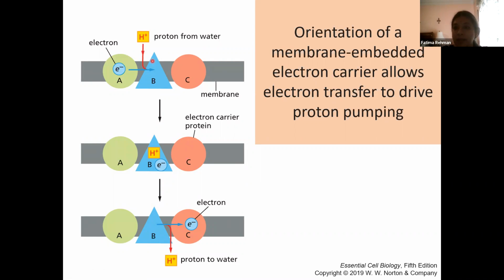And sometimes that happens in specific disorders where mutations would cause that orientation to be flipped. But normally you are taking in electrons from the electron carriers, you're taking protons from water, you're utilizing them together to release water and transfer the electrons to the next electron carrier.